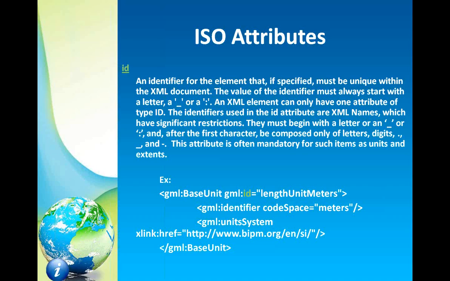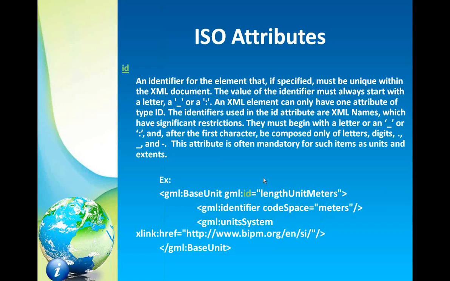Here's an example. You have base unit with an ID, length unit meters, and the identifier whose code space is meters. Which unit system does this refer to? This points to a URL where this unit system is from.